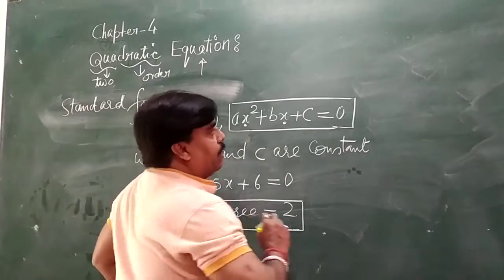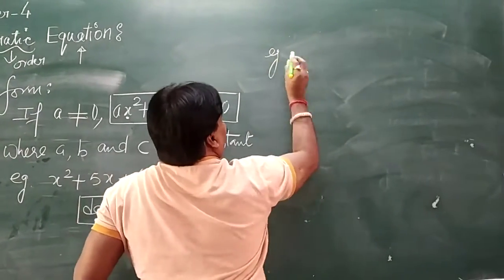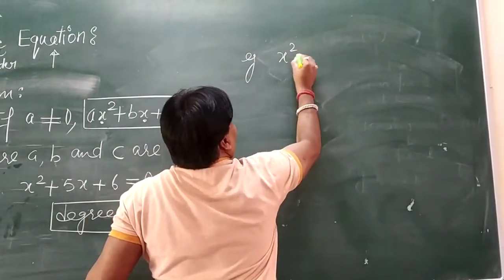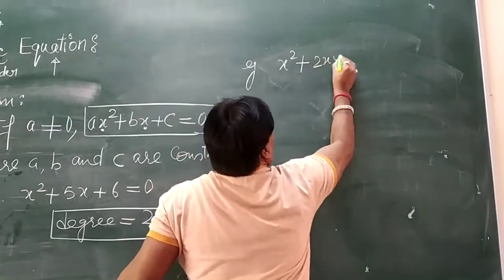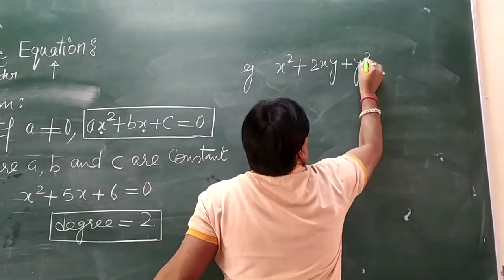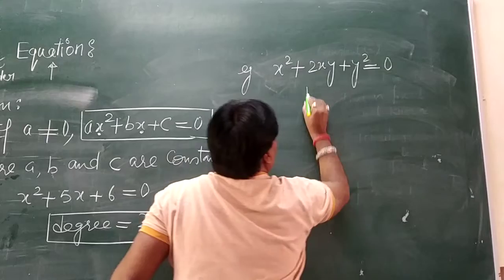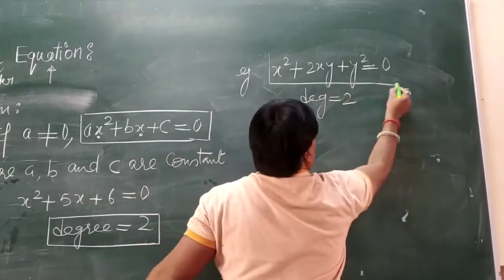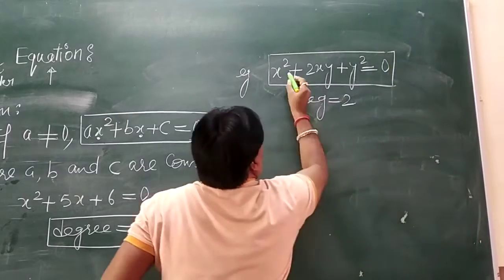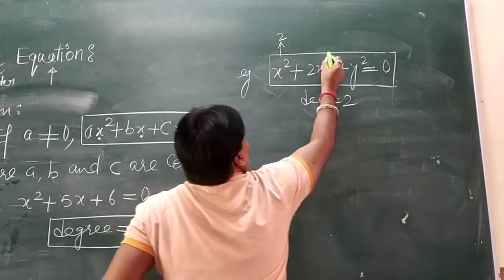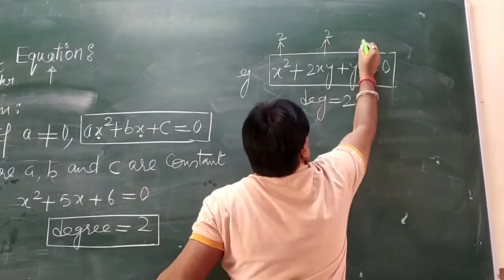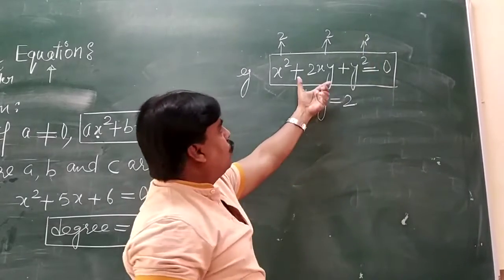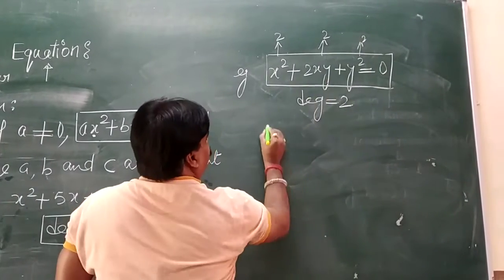For instance, suppose you take the equation x square plus 2xy plus y square is equal to 0. The degree of this equation is 2, but this is not a quadratic equation.